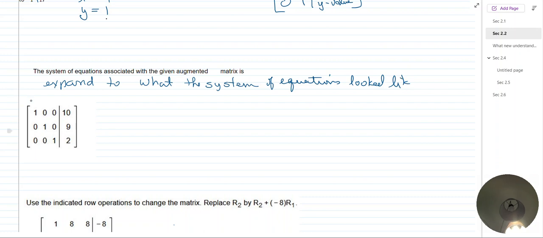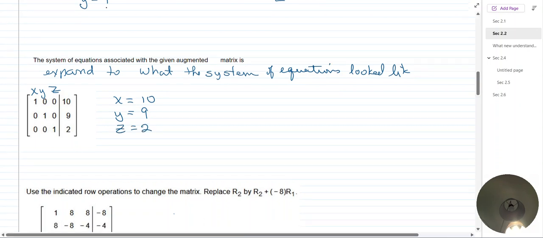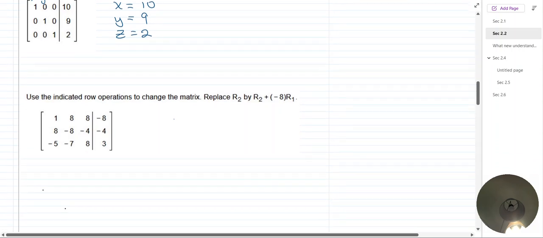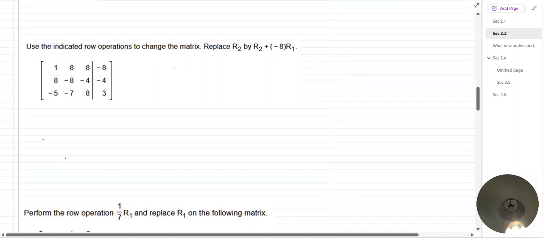In this case, we have an X column, a Y column, and a Z column. So X is equal to 10, Y is equal to 9, and Z is equal to 2. And of course, using the variables implies that you know how to read the matrix. Well, now let's change it.